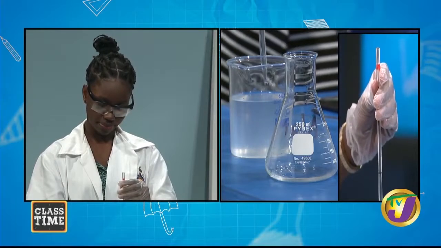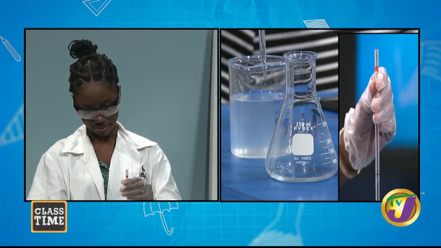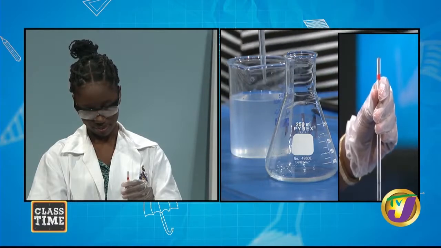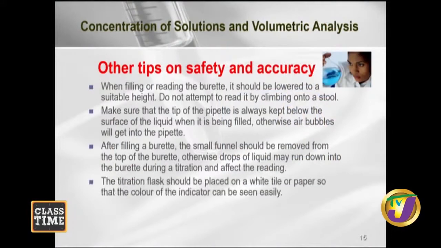All right, after filling the burette, the small funnel should be removed from the top of the burette. We don't titrate with our funnel in the top of the burette. And the titration flask should be placed on a white tile. So after adding our sodium hydroxide to the conical flask, before we start our titration, we need to have a white paper or white tile to do our titration.